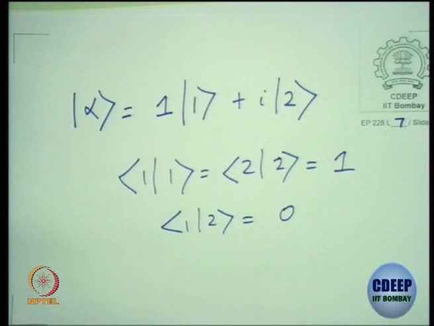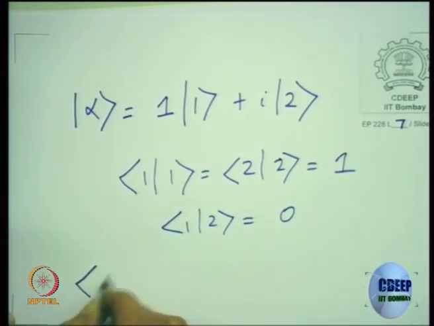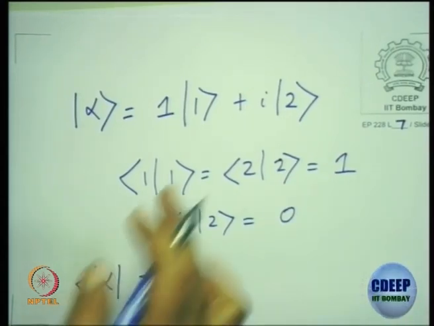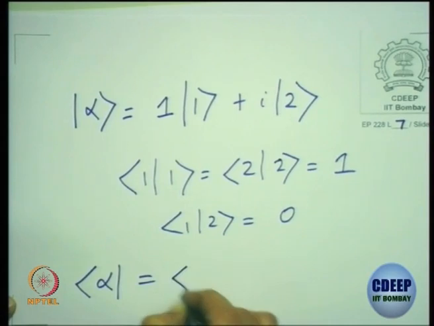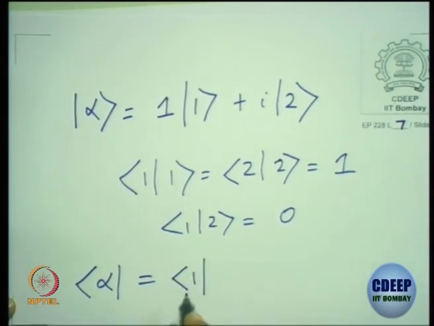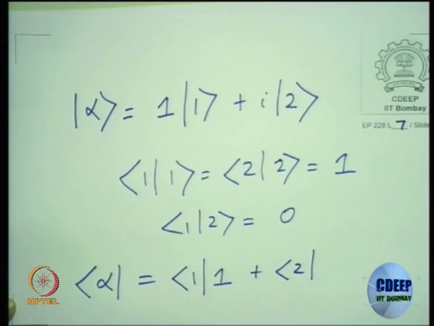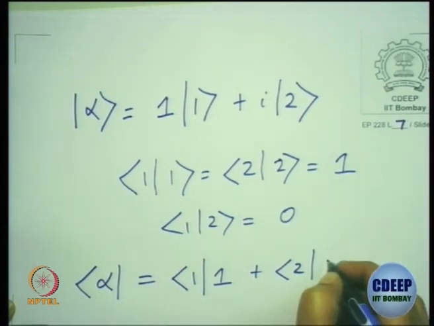What is the dual vector to the alpha vector? So, alpha, what is it? You can write this as |1⟩ with the coefficient 1, and then |2⟩ with the coefficient i, whose star is minus i.